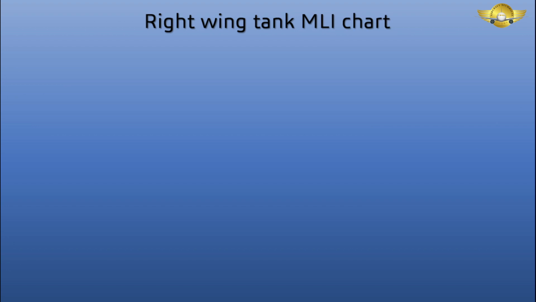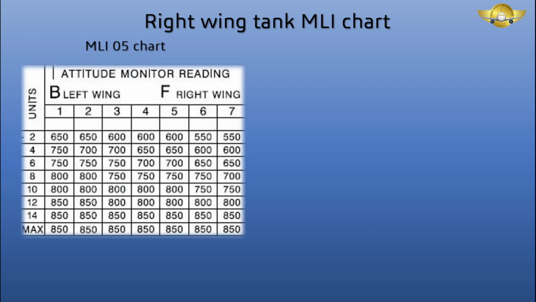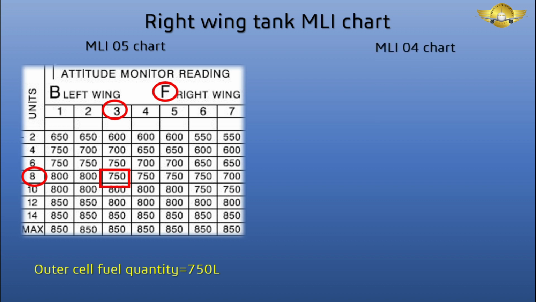Right wing tank MLI chart. Calculate the right wing tank fuel volume as per the MLI chart. MLI number 5 chart. Aircraft roll data is F and the pitch data is 3. MLI reading is 8. Outer cell fuel quantity is 750 liters. MLI number 4 chart.